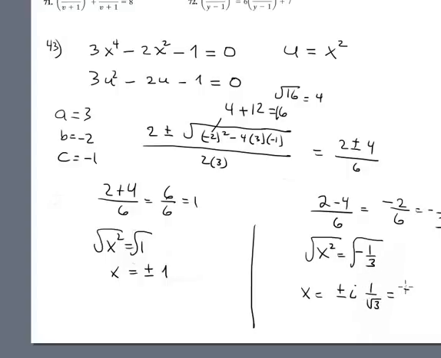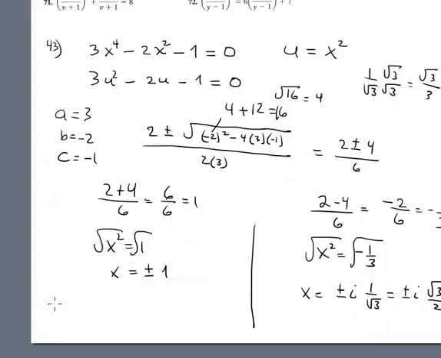Which is equivalent to plus or minus i radical 3 over 3 when you rationalize. If you don't remember, rationalize is when you have, for example, 1 over radical 3 and you multiply by radical 3 over radical 3, times radical 3 is radical 9, which is 3. And this is the answer.